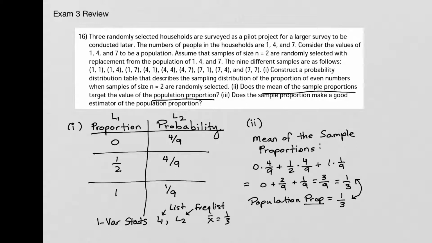So when you see that they're asking about proportion, you know automatically that we're going to say, yes, it's a good estimator. It's really asking the same thing as when it says, does the mean target the value of the population proportion? So the answers to 2 and 3, they're either going to be both yes or both no, and it really just depends on what particular statistic that you're looking at. So that's how you would do that problem.